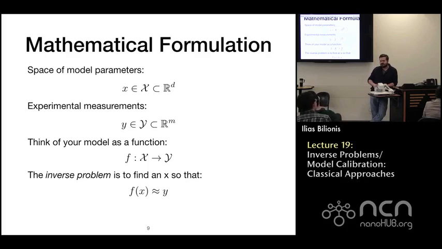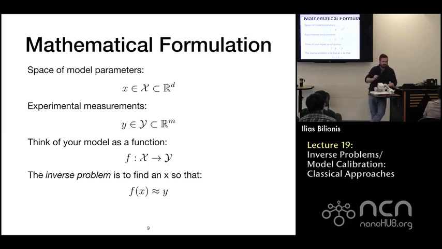So your model, for example, let's say that you have Newton's equations. Mass times acceleration equals the sum of the forces. A mass is a parameter to Newton's equations. So whenever you solve Newton's equations, you need a mass. The mass is an input. It's one of the x's.